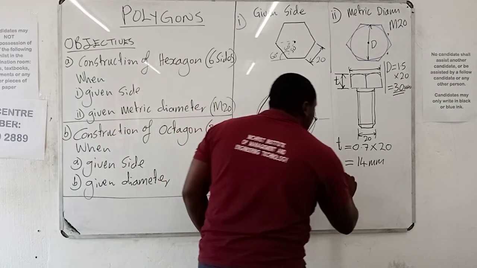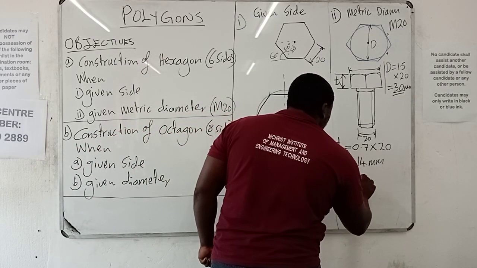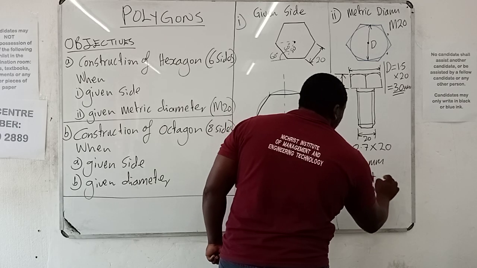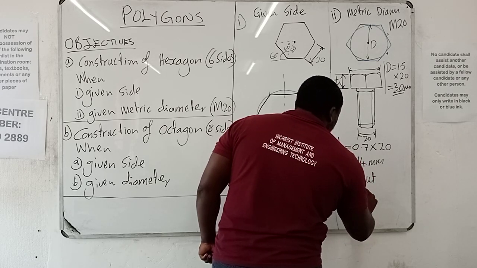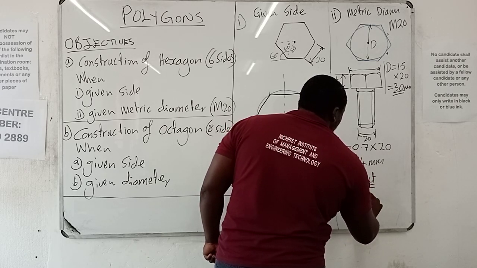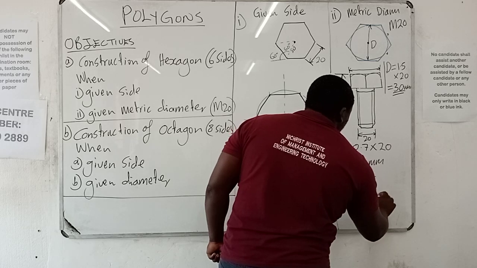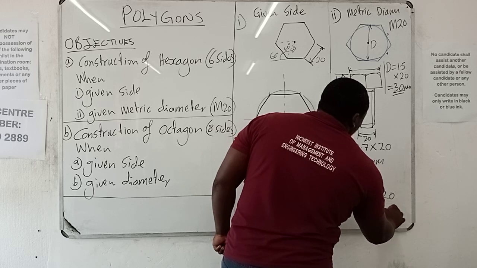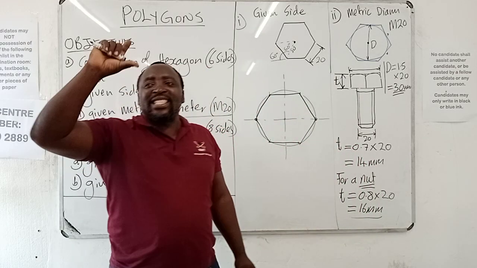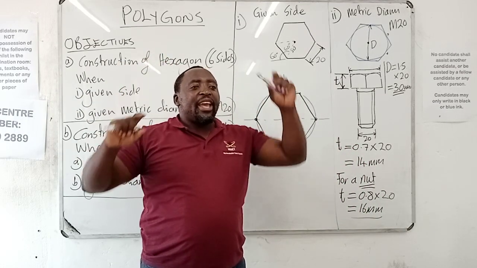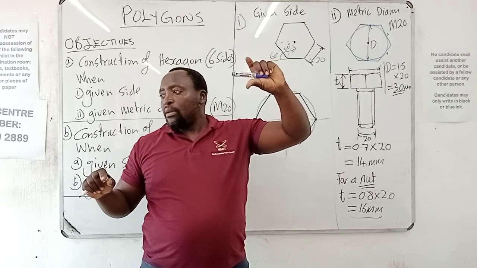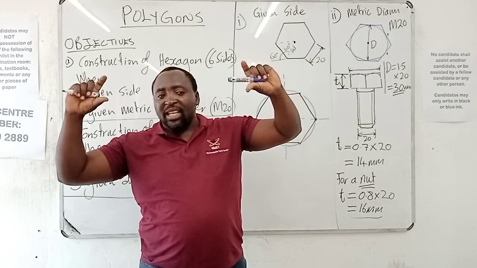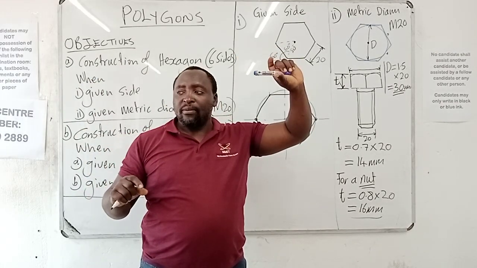So for a nut, thickness is equal to 0.8 times 20, which is 16 millimeters. So the nut thickness is thicker than the head of a bolt.